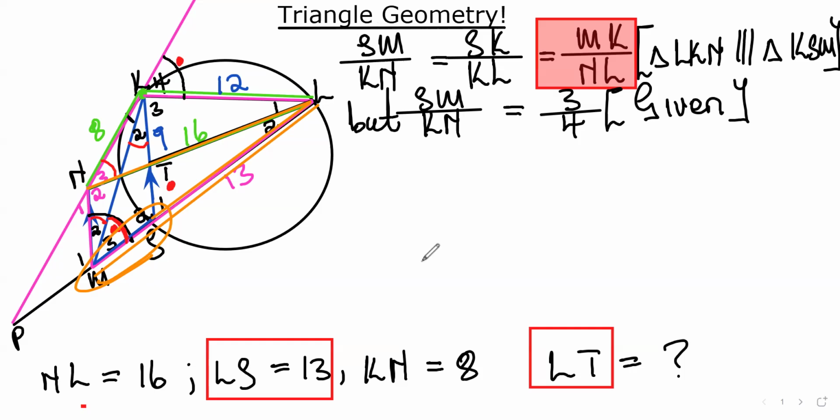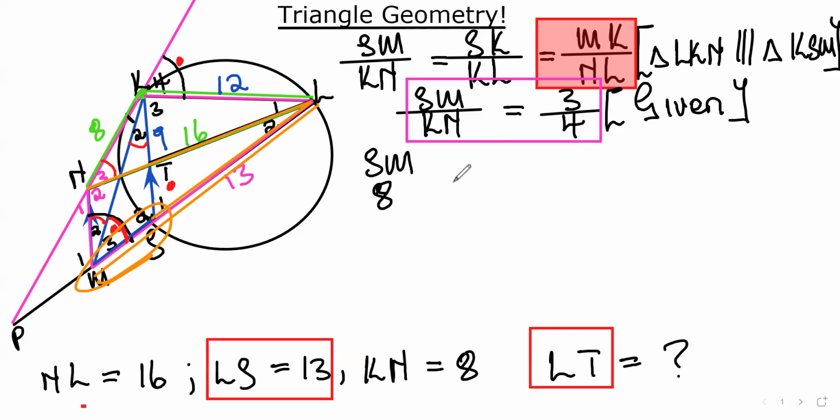More precisely, we know that SM over KN is 3/4. So that's just easy. It means we are going to come to this ratio and just do the substitution. We say SM over KN. Well, KN is 8 units, and this ratio is 3/4. Then we can find the length of SM.